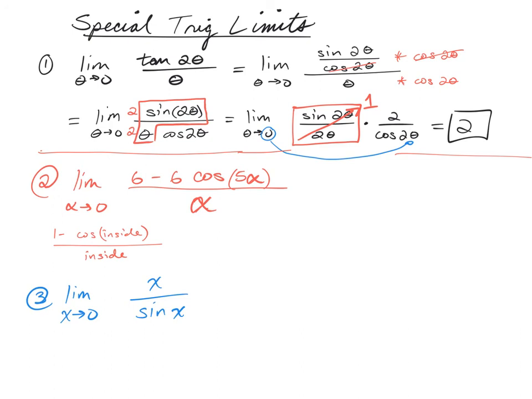So if we're looking for 1 minus cosine of inside, we have 6 minus 6 cosine of inside. You should factor out the 6 from the numerator so that we have a limit that looks something like this.